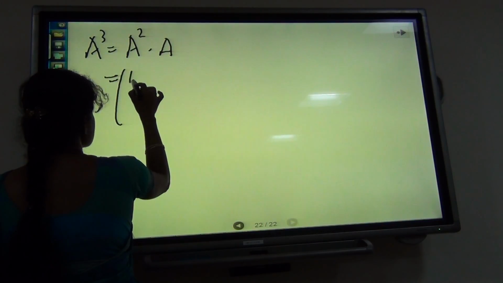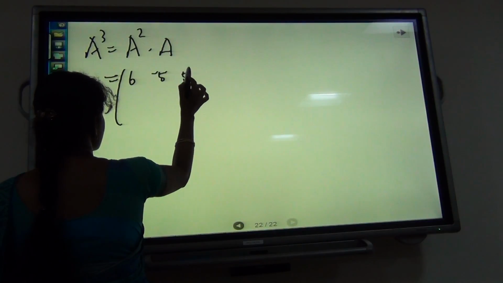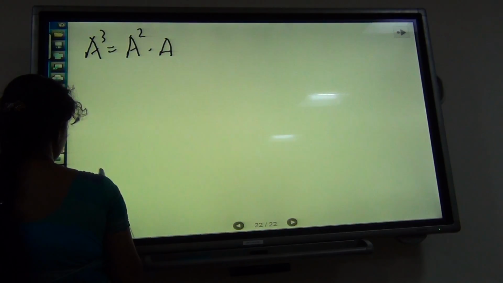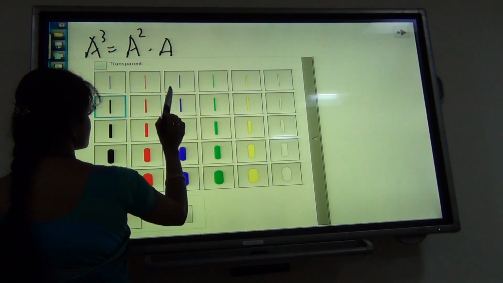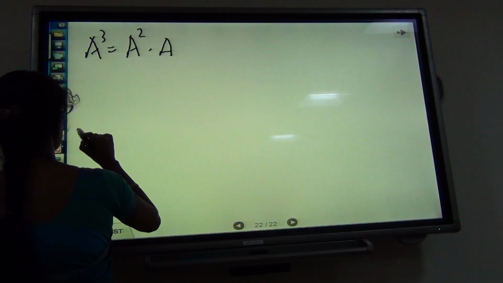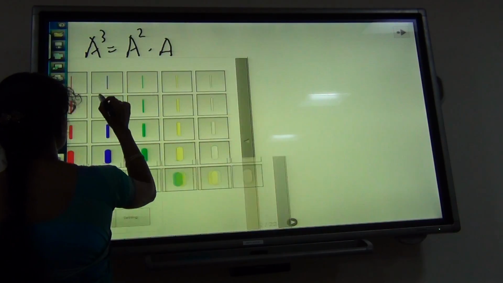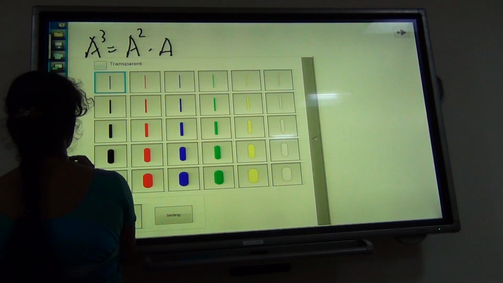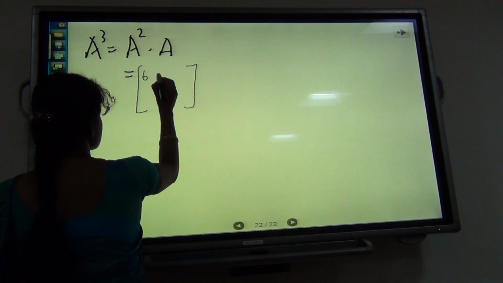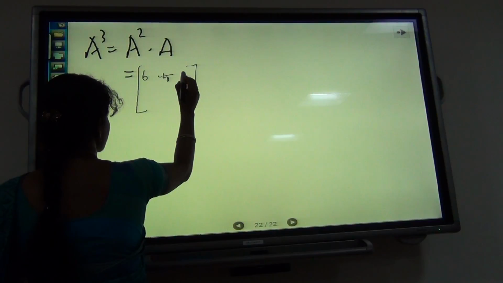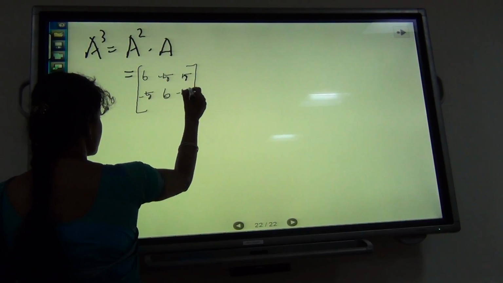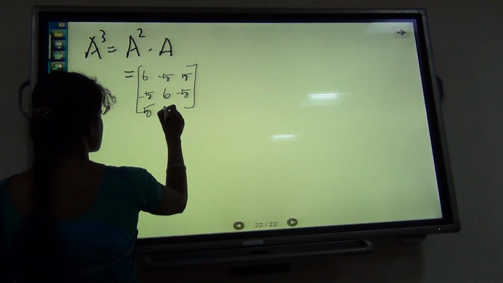What is A square? It is 6 minus 5, 5, minus 5, 6 minus 5, 5 minus 5, 6.